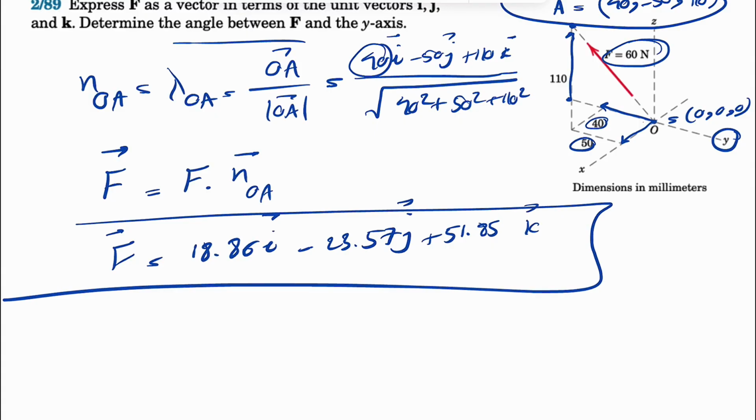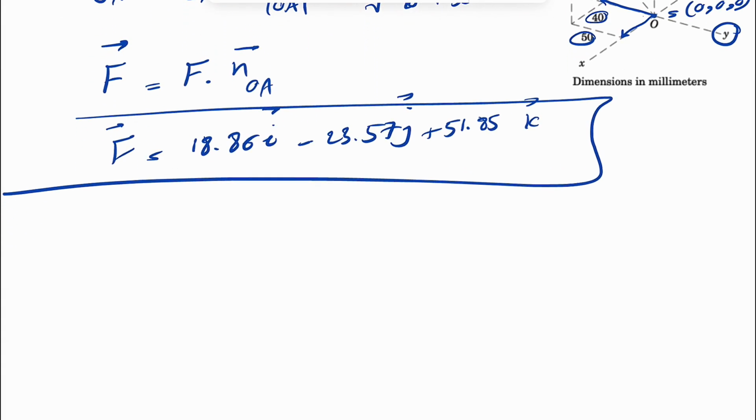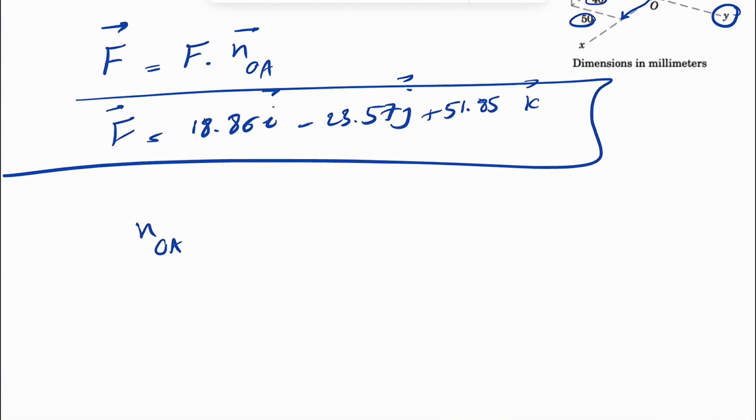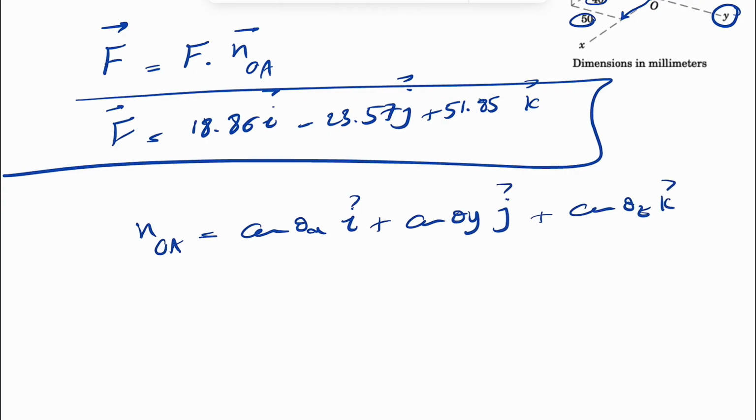Also, we need to determine the angle between F and the y-axis. We talked about how the unit vector can be written in another way. This n_OA, our unit vector, is cosine theta x i plus cosine theta y j plus cosine theta z k, where each of these angles is the angle with an axis.